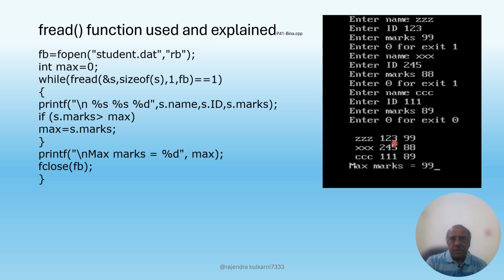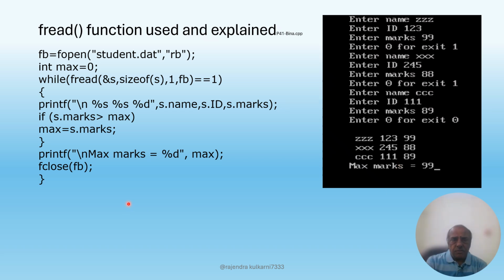Name of the student, ID and the marks obtained, then another student's name, ID and marks obtained, and then another student being named CCC in this program, having ID 111 and the marks obtained. Of these 3 students, the max marks obtained is 99.